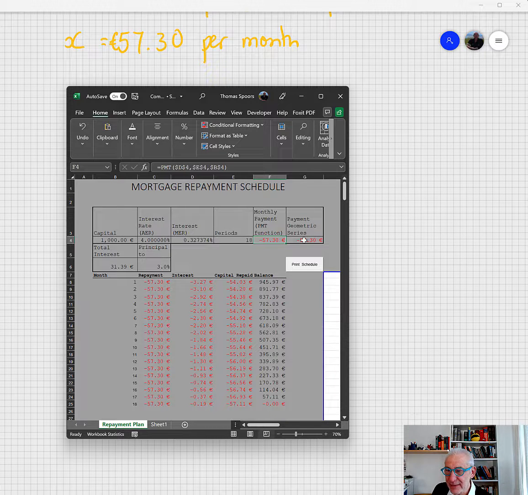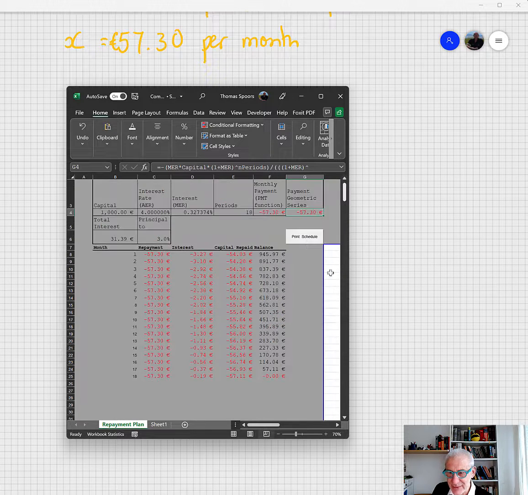Now here, I've just written out our little formula that we've discovered into Excel. We can go over that if you need to. But what you see here is that there's a schedule. The schedule says each repayment, which is 57.30, how much interest he's paying each month, and because the balance is going down, he's paying less and less interest each month, and each month he's paying off more and more of the mortgage.